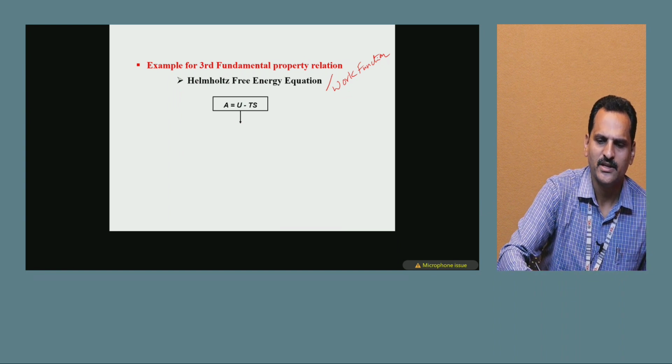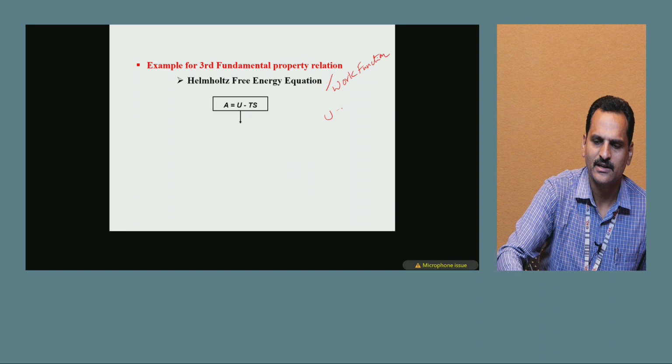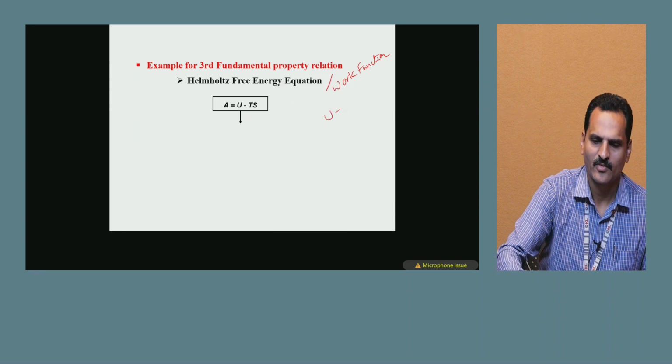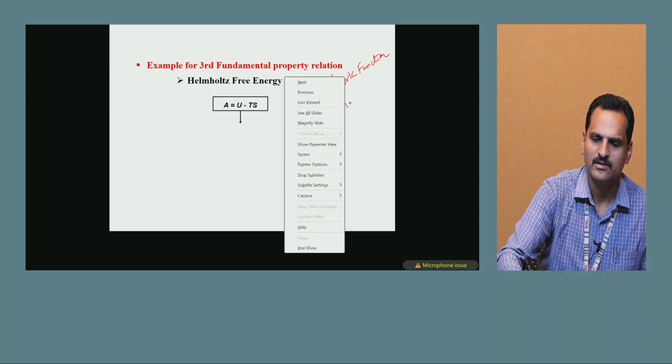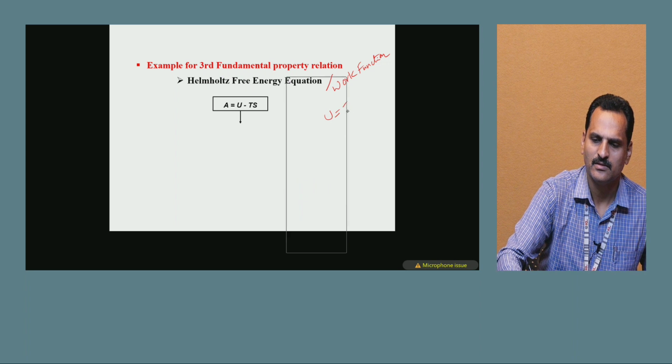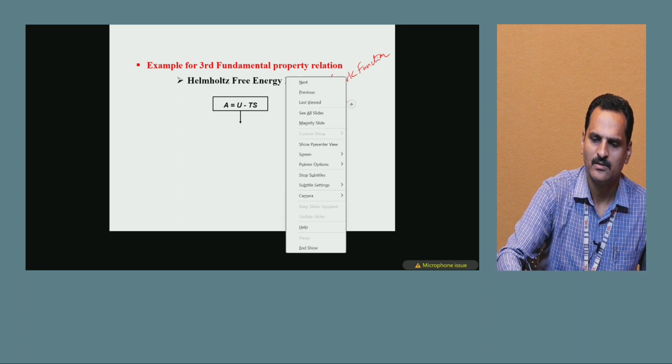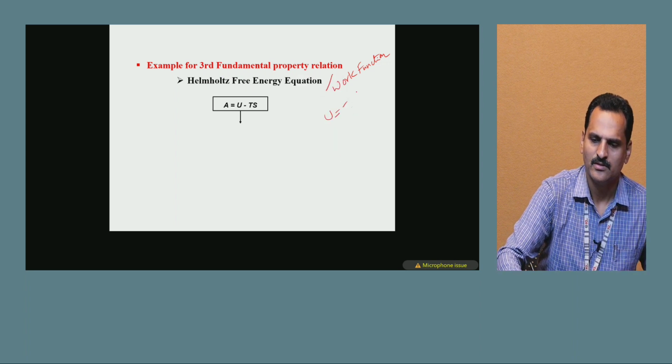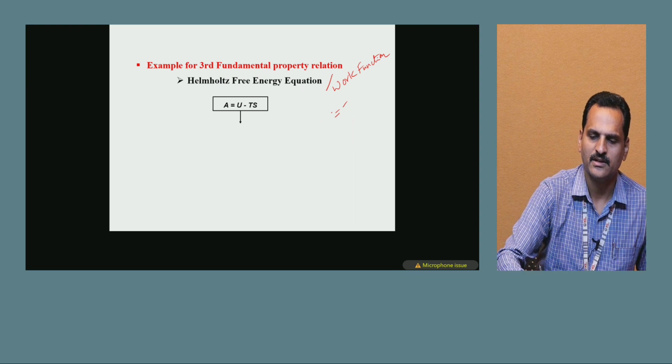What is U here? U is called the internal energy of the thermodynamic system.